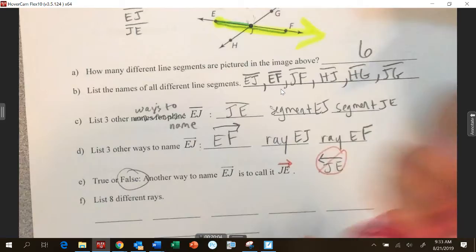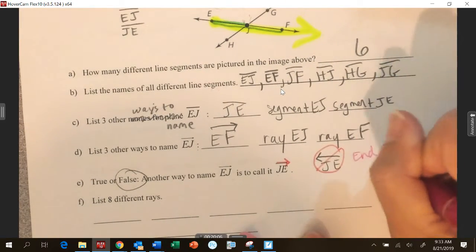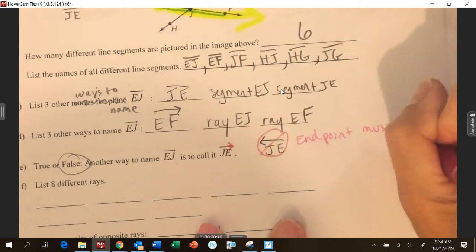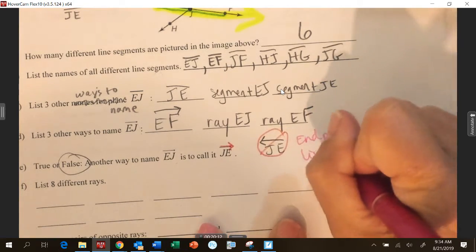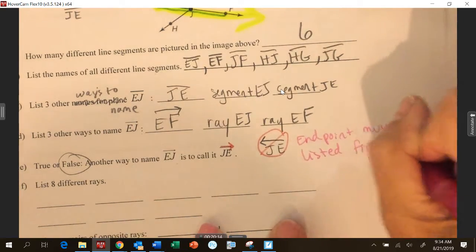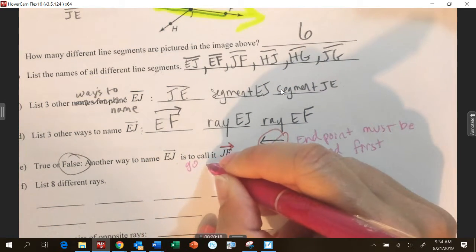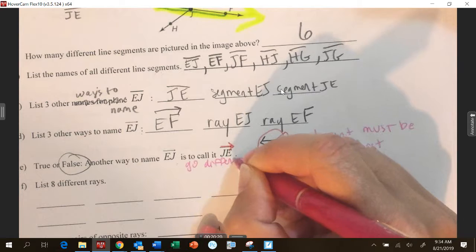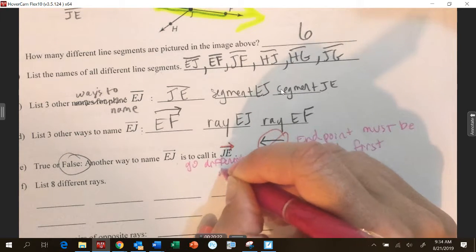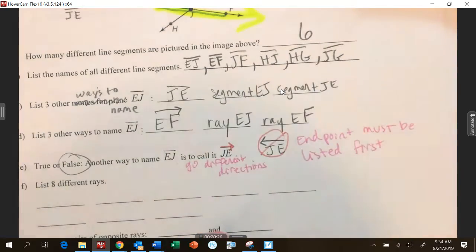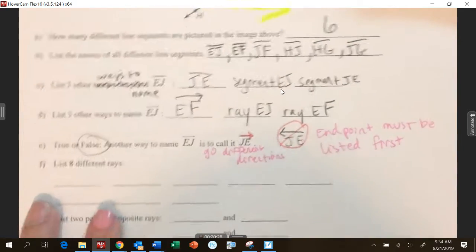The endpoint must be listed first. Or you could say these go different directions. They're two different rays.